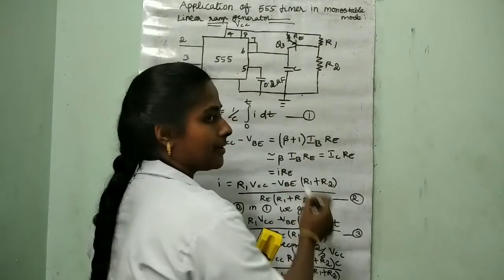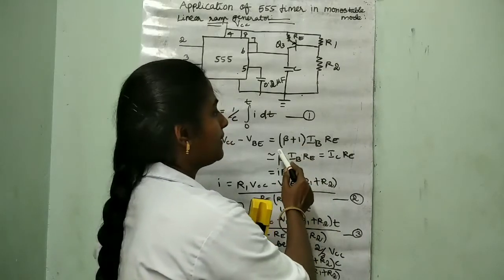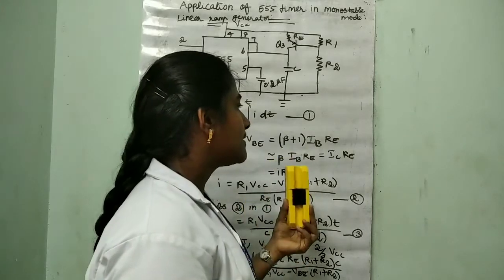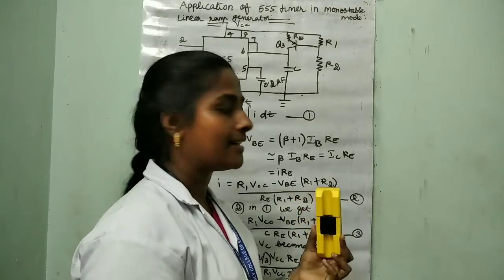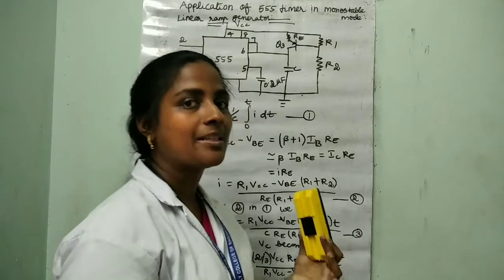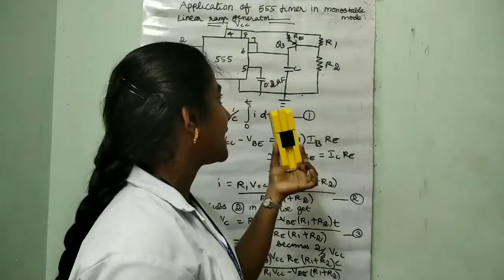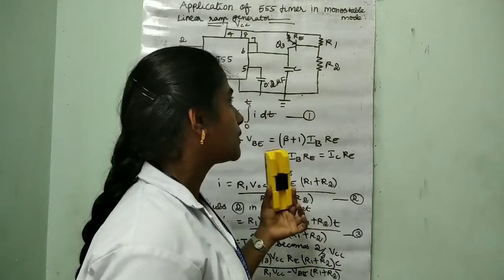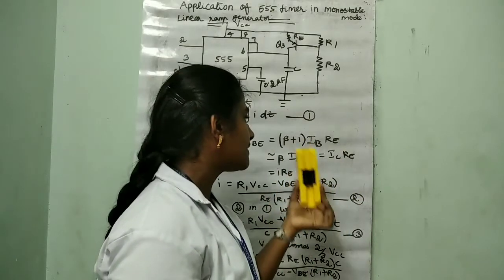We can neglect the 1 because beta is very high. Here IB is the base current, IC is the collector current, RE is the emitter resistance, and beta is the current amplification factor for transistor Q3, which is very high. That is why we neglect it.